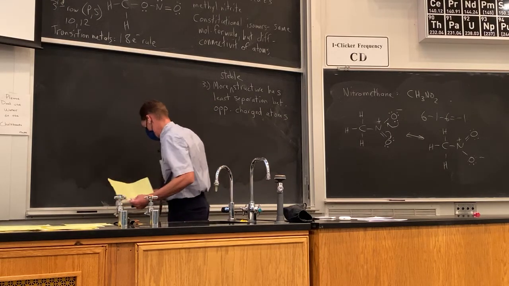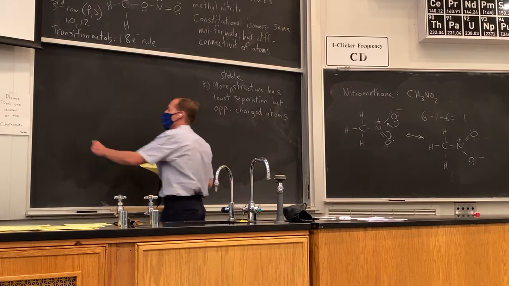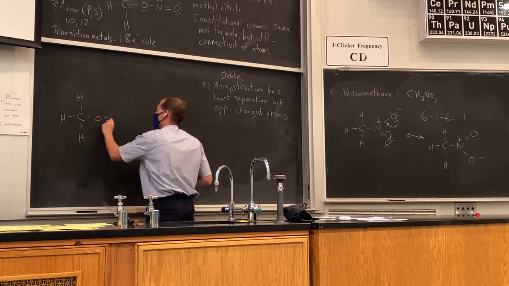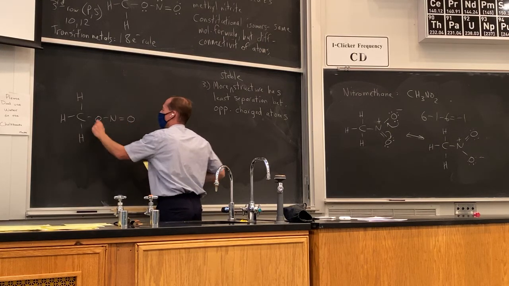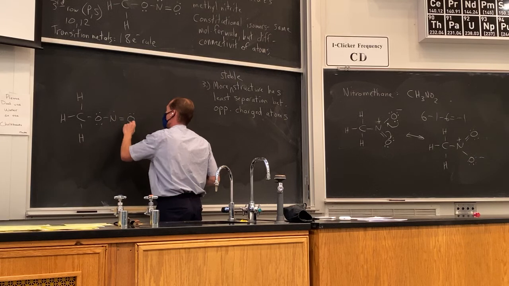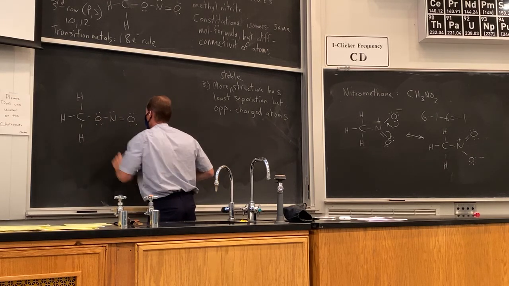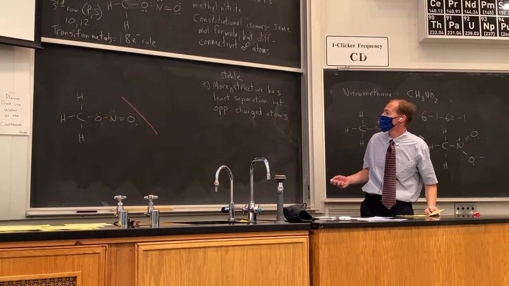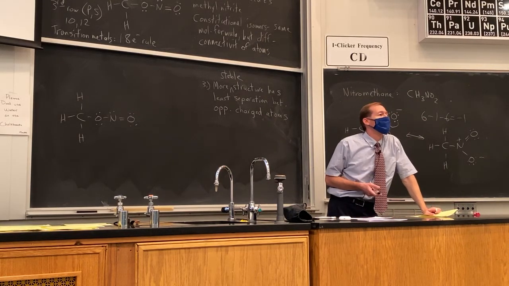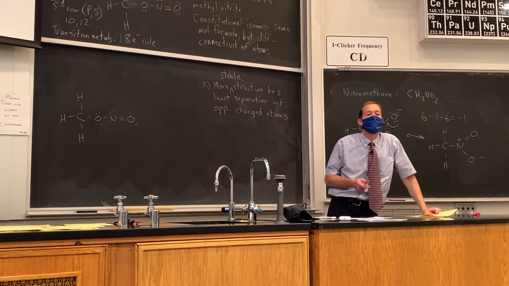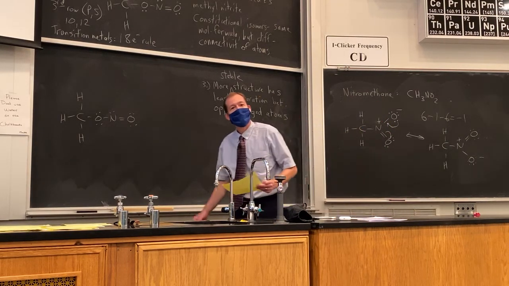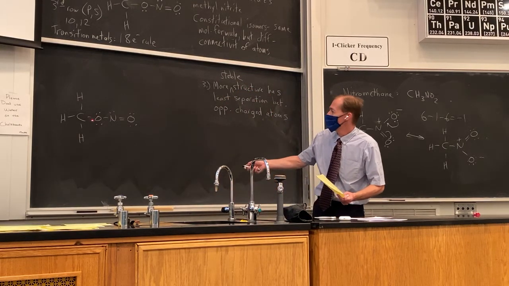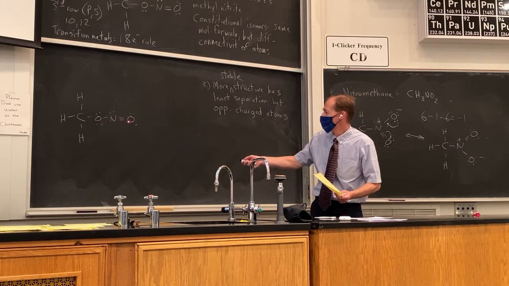To do so, I'll draw the isomer of nitromethane that we showed you before, methyl nitrite. And as I'm drawing this, I want you to think of how we could draw a resonance structure of methyl nitrite. Who can raise their hand and tell us how we would draw a resonance structure of this compound? So you're saying we could have a double bond between this oxygen and the nitrogen as opposed to this oxygen and the nitrogen.